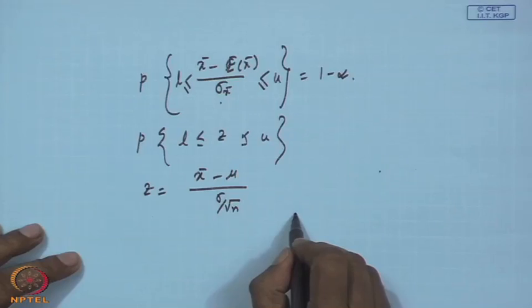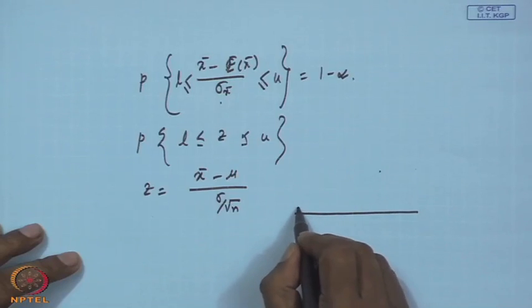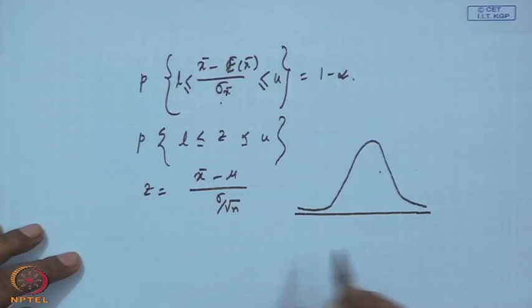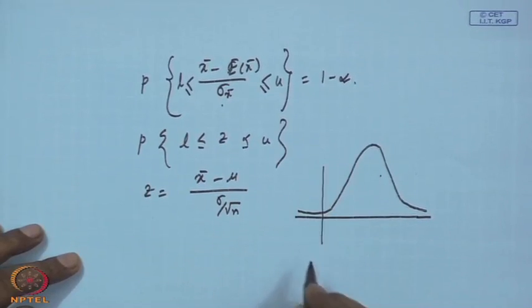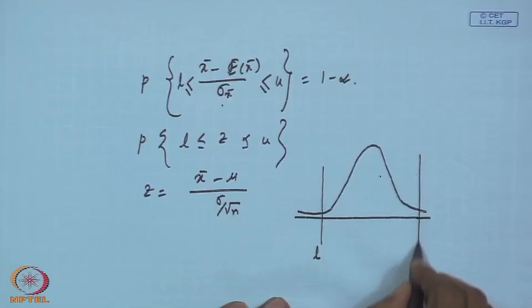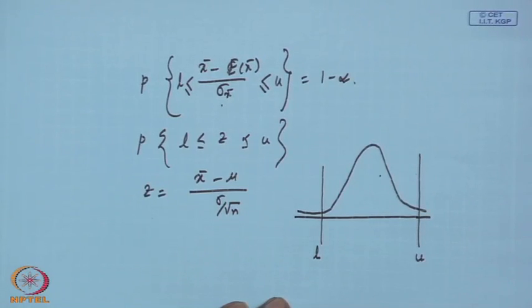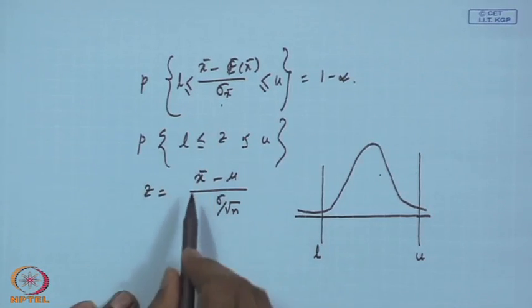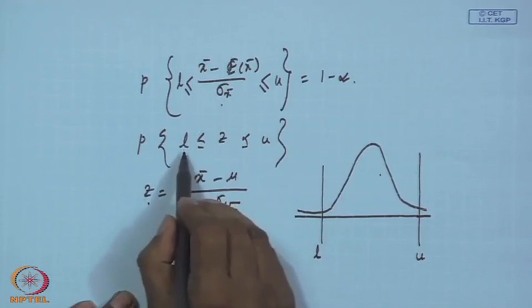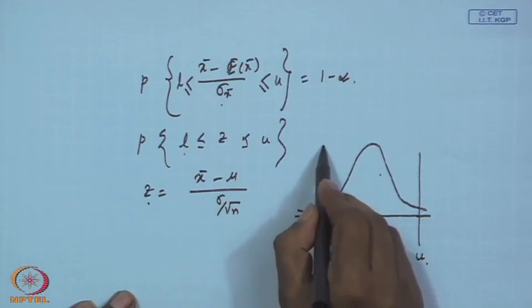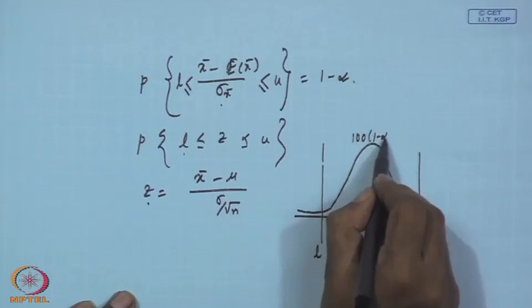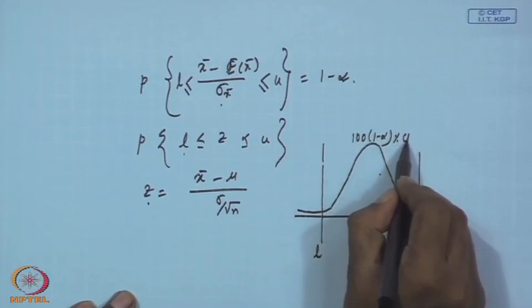This is normally distributed, the unit normal distribution, and there is a lower value and an upper value we are considering. We are saying that the probability that this z value lies between L and u is the confidence interval, which is the 100 into 1 minus alpha percent CI.